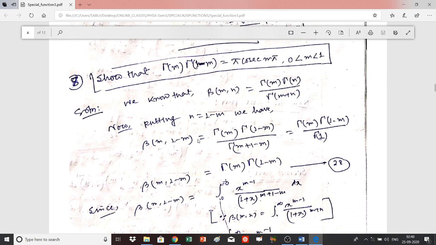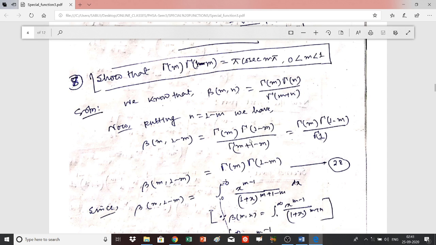So that will give you gamma m, then gamma 1 minus m, then gamma m plus 1 minus m. Or it is better to say that if you replace in this expression, this m is unaltered as this, and here if you alter n by 1 minus m, then you also get this. So no problem is there.